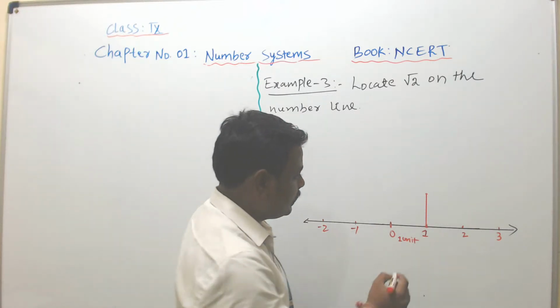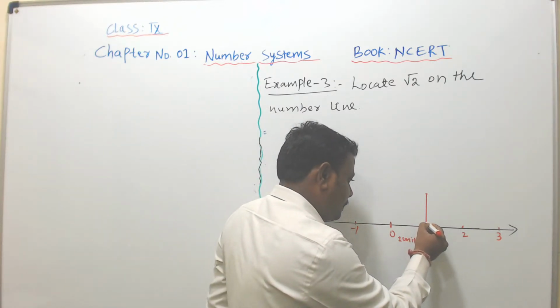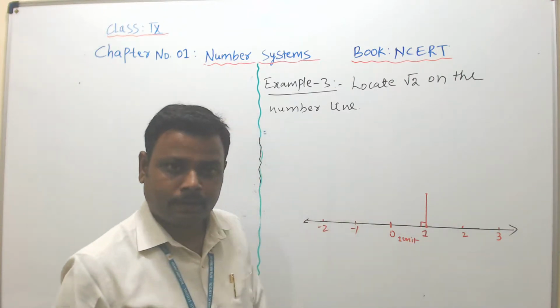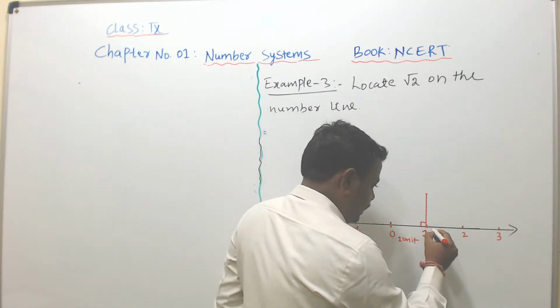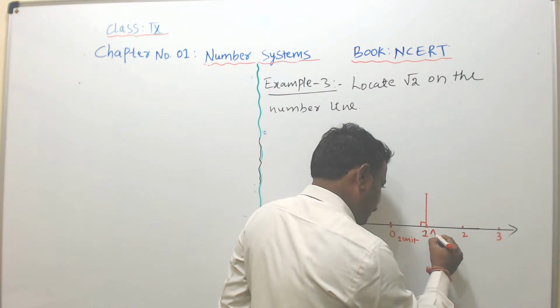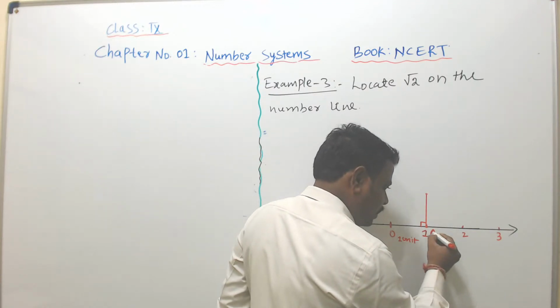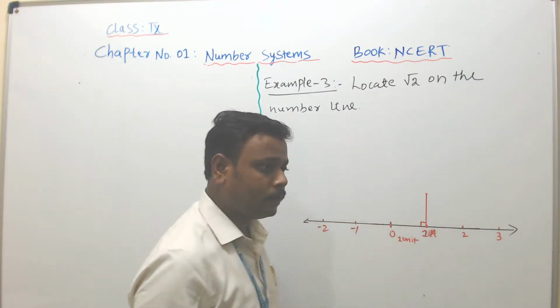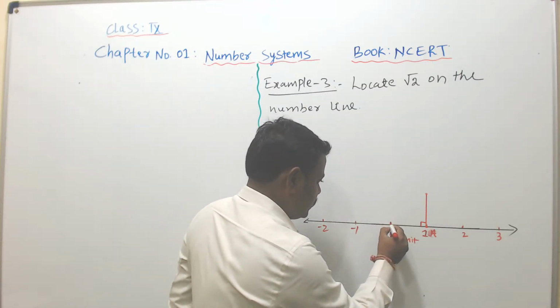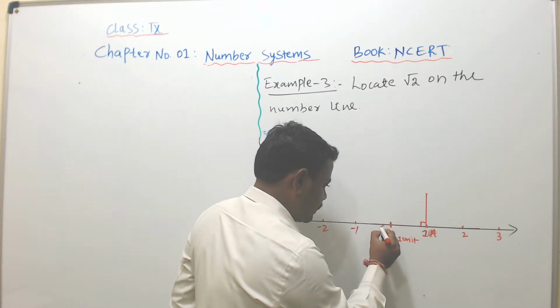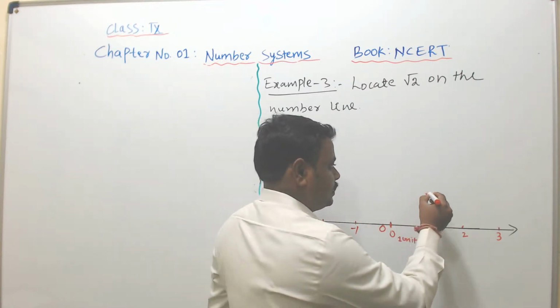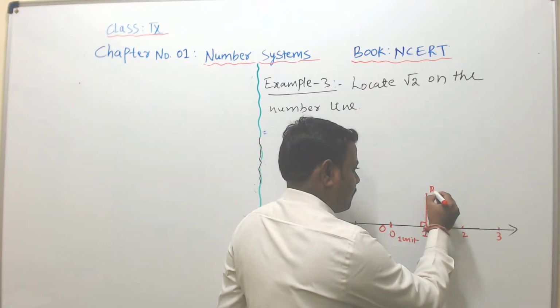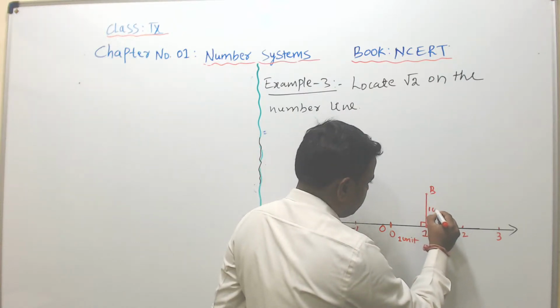We have to draw the perpendicular line. Now I will take it as A, or you can consider B also, no problem. This point 0 I am taking as O, and this is B, and this is also 1 unit.